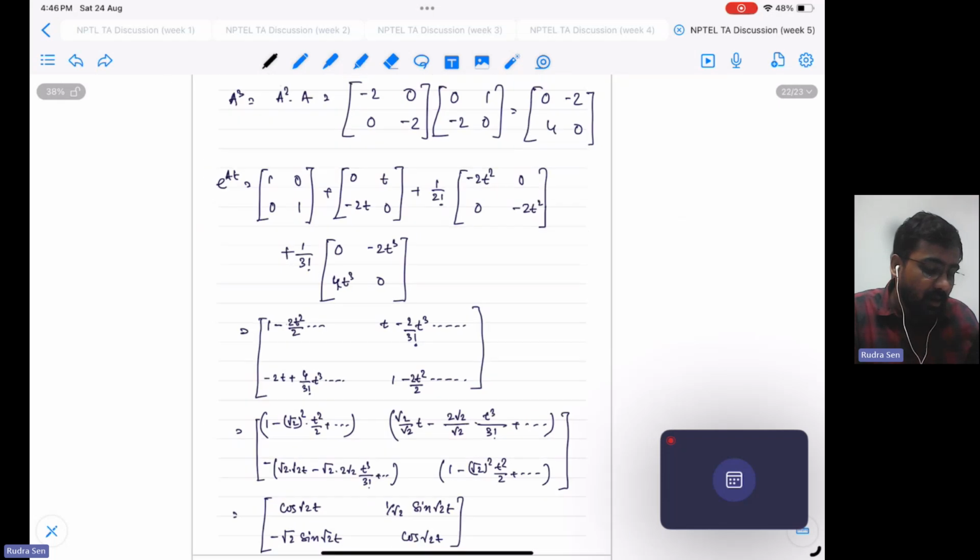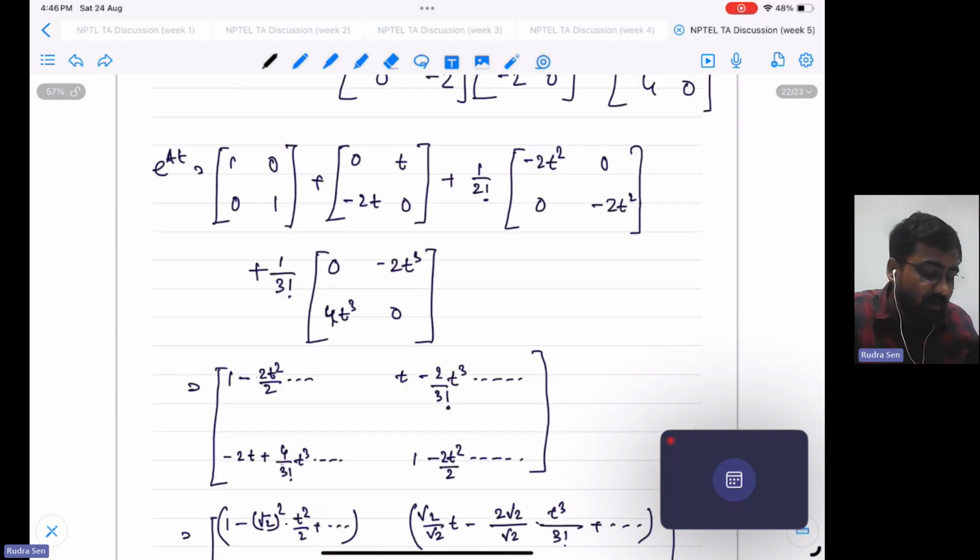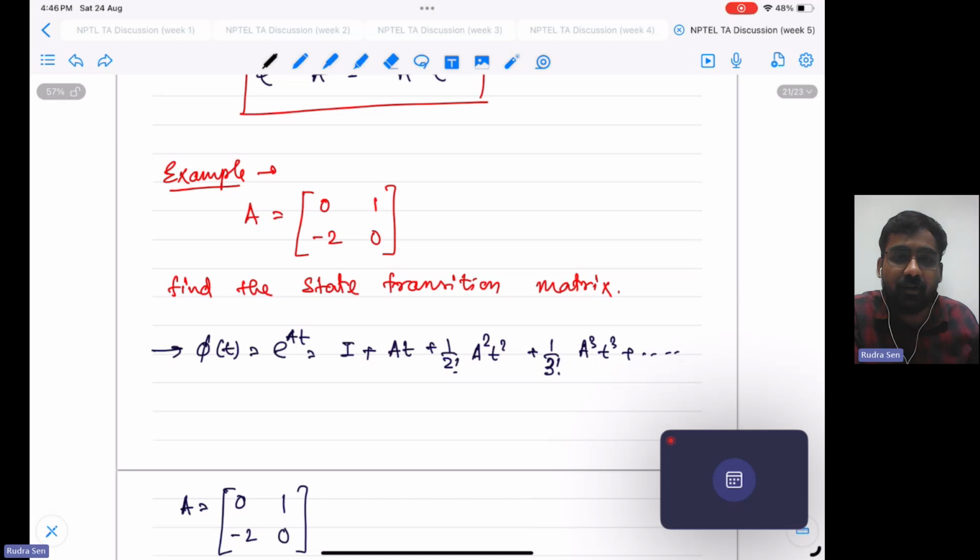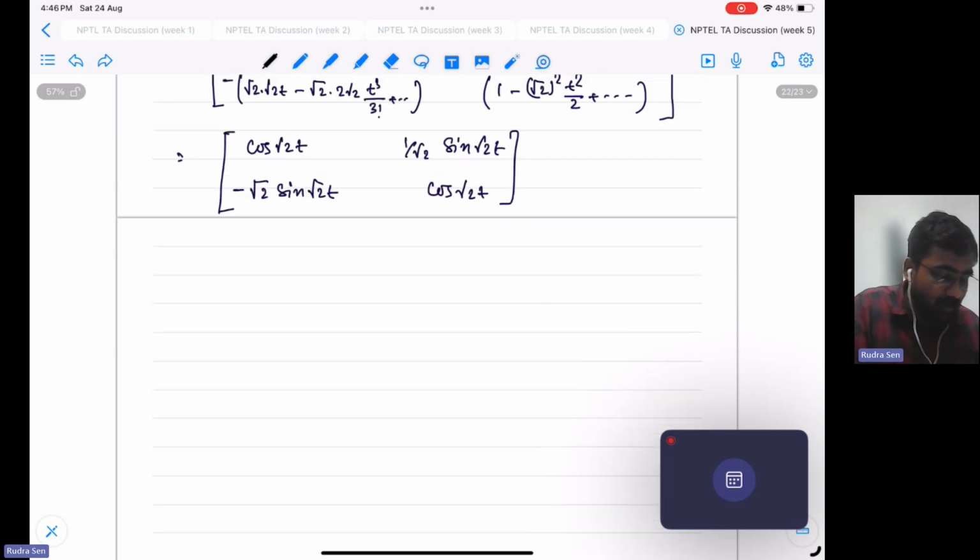So definitely finding out the state transition matrix using the inverse of sI minus A and taking the Laplace transform is very much easier rather than using this infinite series term. It is quite difficult, but still you can find it using the infinite series as well. That is the basic purpose of showing this. You don't always need to find the inverse of sI minus A and then the inverse Laplace transformation.